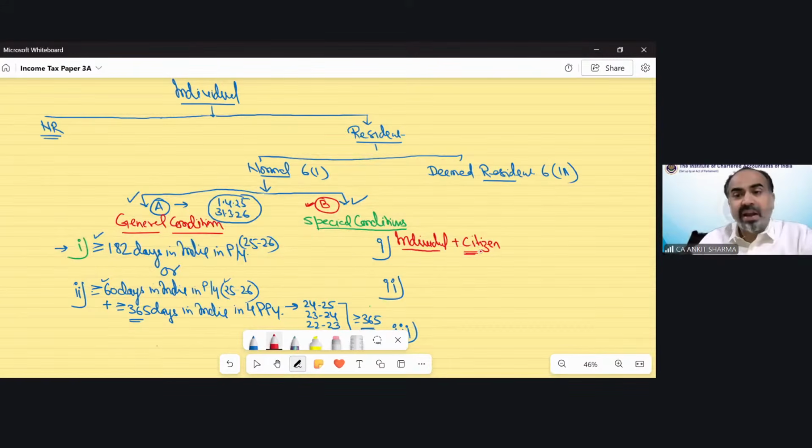If you are an individual and a citizen of India, and you are going outside India, this benefit of category B can be taken only by Indian citizens like me and you, who are leaving India permanently in the previous year. Remember the provision: the person leaving India.